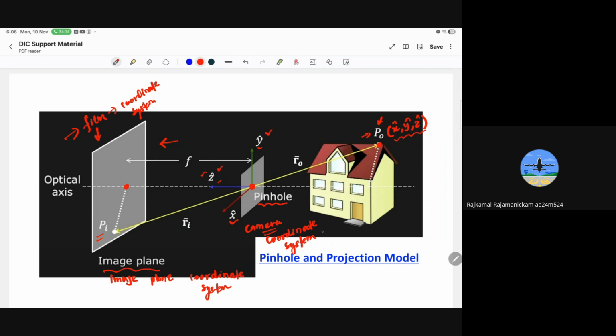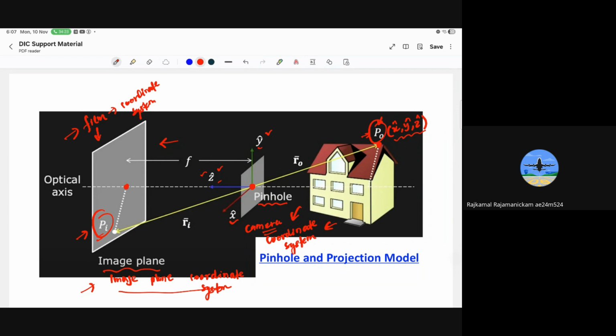So we have a point in camera coordinate system. Corresponding to that point, we have a point in the image plane coordinate system, which is Pi. So coordinates of Pi in image plane coordinate system can be related to coordinates of Pi in camera coordinate system. So there is a transformation here. Right?